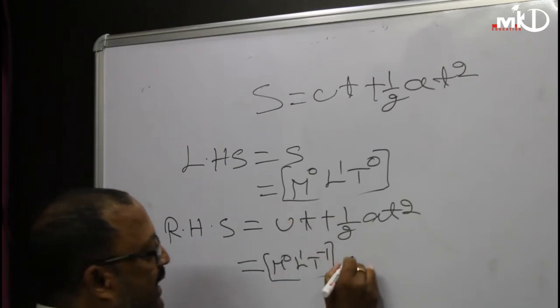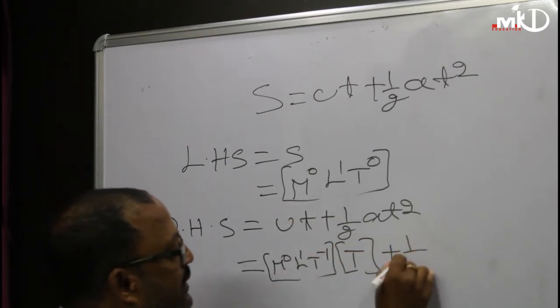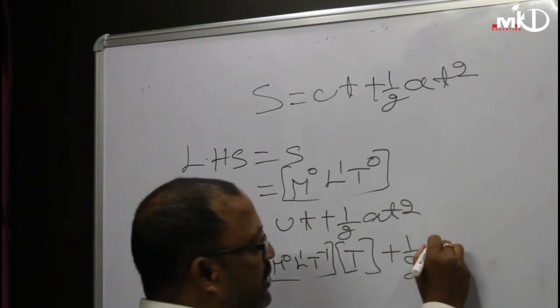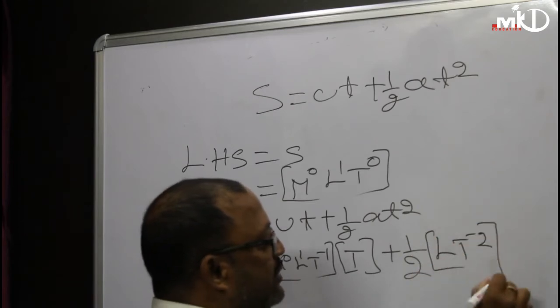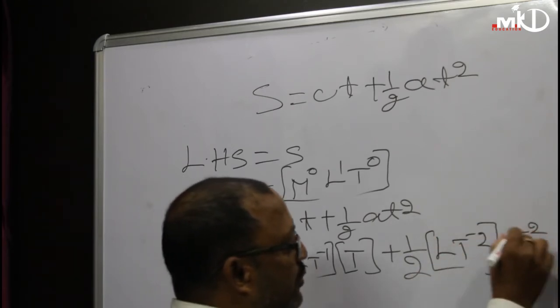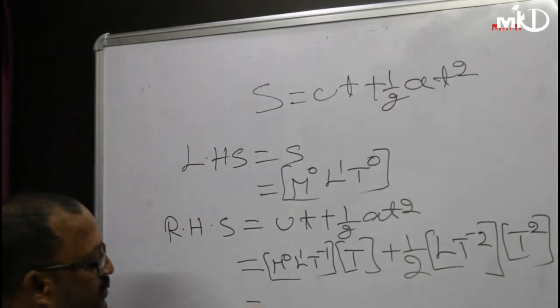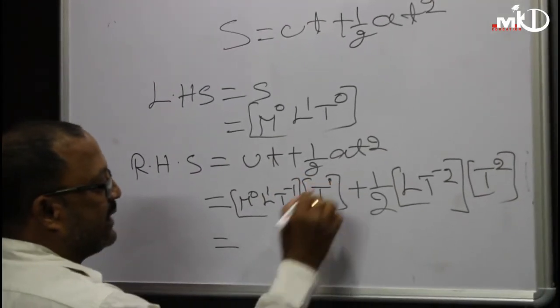Then the dimension of time is T, I have to use plus half at square. A is the acceleration due to gravity, whose dimension is L T to the power minus 2. And t square, that is T to the power 2. Then by using the exponent rule, minus 1 plus 1 cancels out.